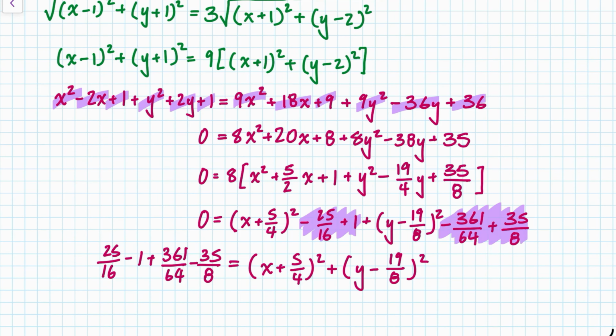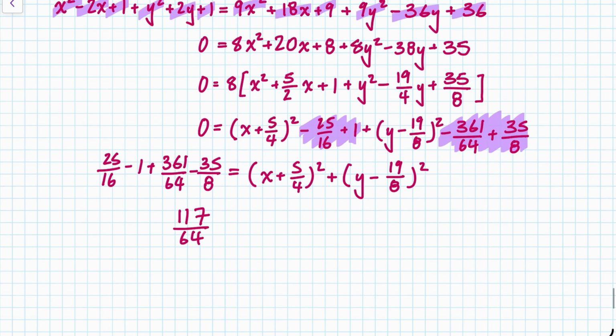I can put all these numbers on the left-hand side together, and I'm going to get 117 over 64 is equal to x plus 5 on 4 squared plus y minus 19 on 8 squared. Fantastic. So hopefully it's quite obvious that this is a circle, or the expression of a circle.